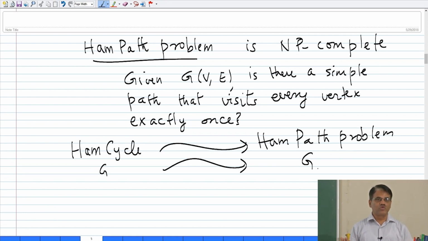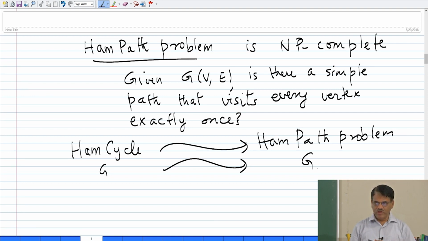So converse need not be true. So you need to do a little bit more work. Okay, just given the same graph is not enough. Somehow you have to transform it, do something to your graph so that existence of the Hamiltonian path here would actually give you a Hamiltonian cycle here. What does that tell you about our original graph?